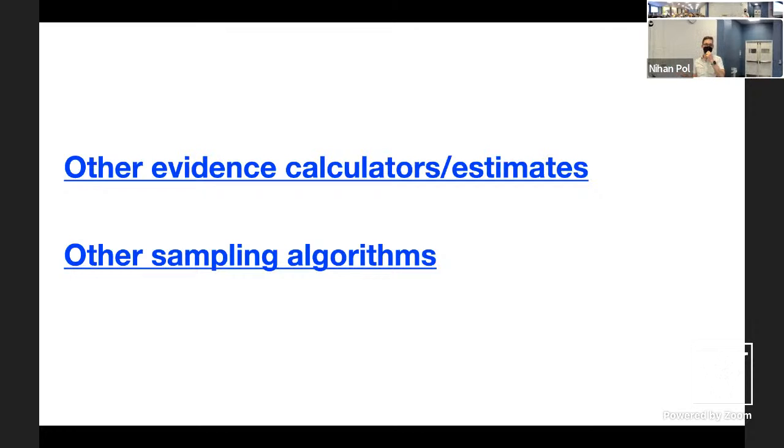Yes. At the end of the nested sampler, if you're doing some kind of just rejection sampling using the live points that we already had, can you just keep on generating as many posterior samples as you want? So you don't just use the live points, because those live points have all just clustered around the max likelihood value. And you want to get the whole distribution. So you basically use the whole history, right?